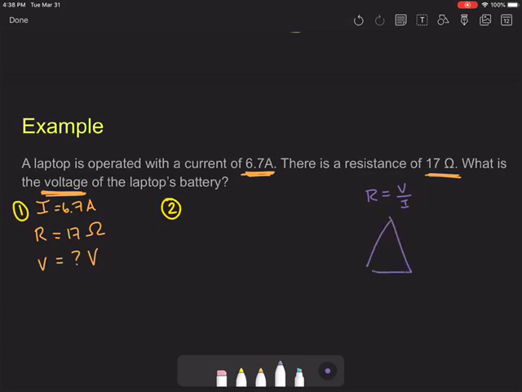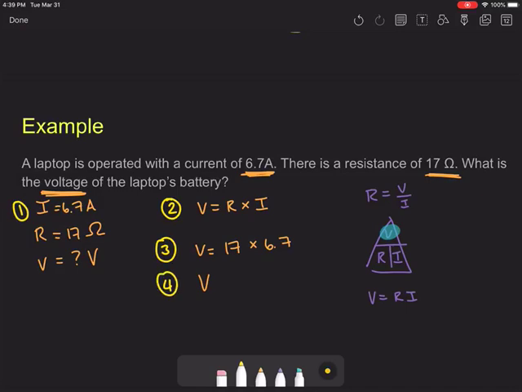And if we use our trusty triangle here, we're looking for V, we're looking for voltage, so we'll cover up V, and we end up getting V is equal to R times I. Okay, so that's the equation we will use. We have V is equal to resistance times our current. Step 3, we'll plug in all the values we know, so it'll be 17 times 6.7.